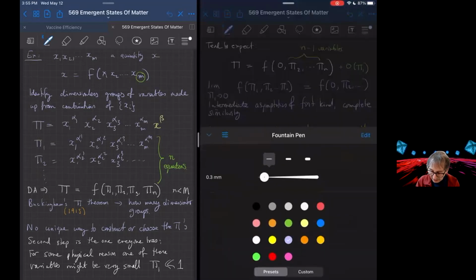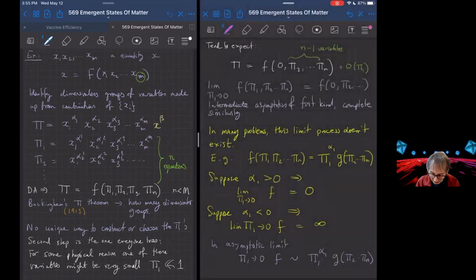And this class of problems is called incomplete similarity, or intermediate asymptotics of the second kind.